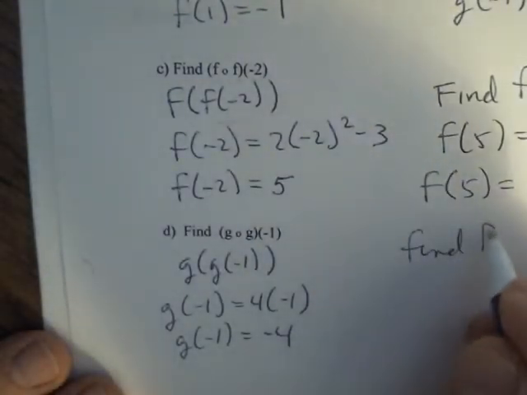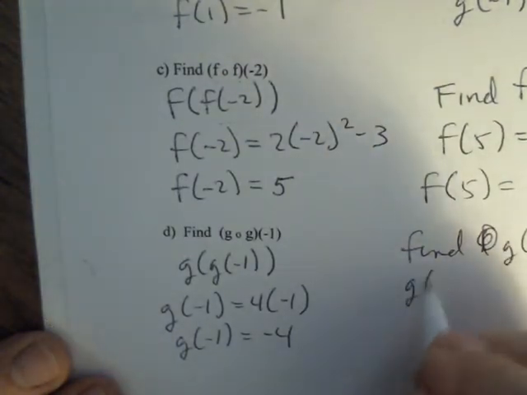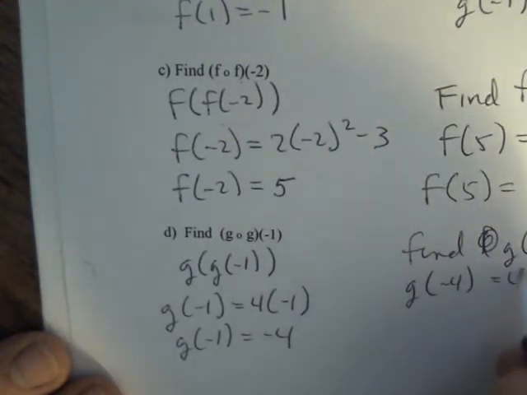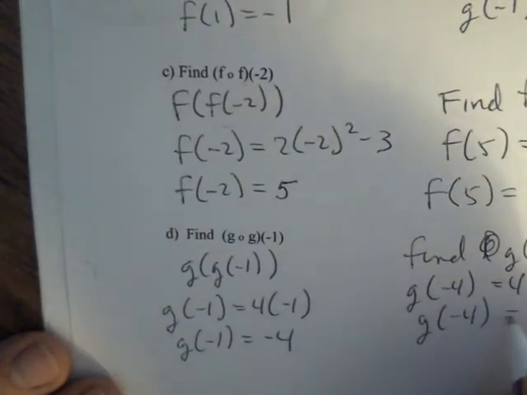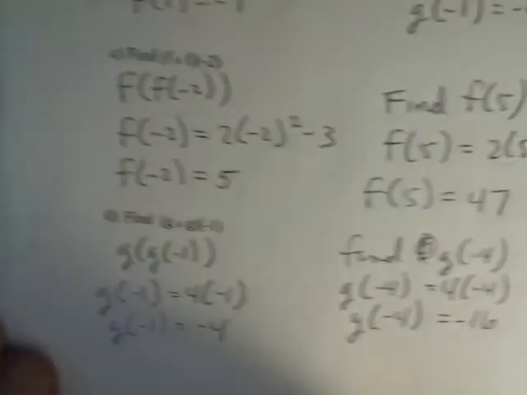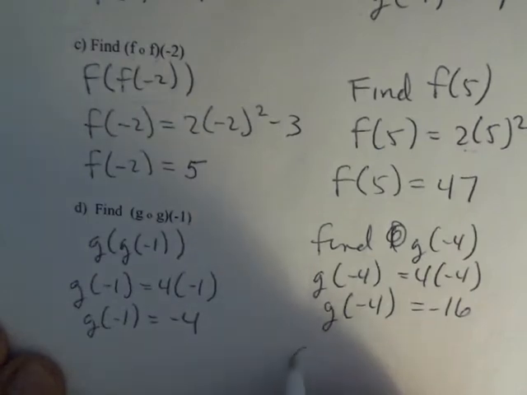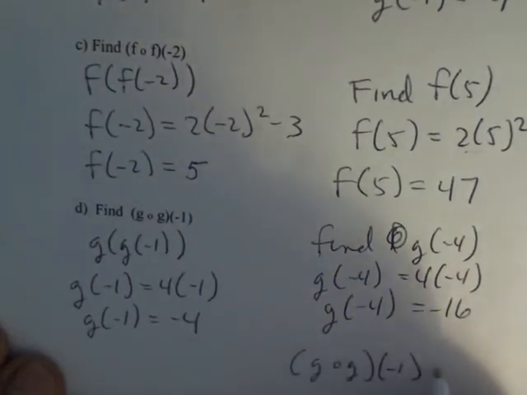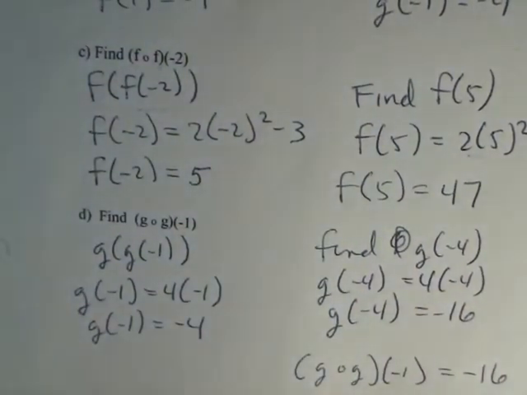Now to finish, I find g of negative 4, and g of negative 4 is 4 times negative 4, which is negative 16. So I know that g composed with g of negative 1 is negative 16. Okay, so that's your final answer.